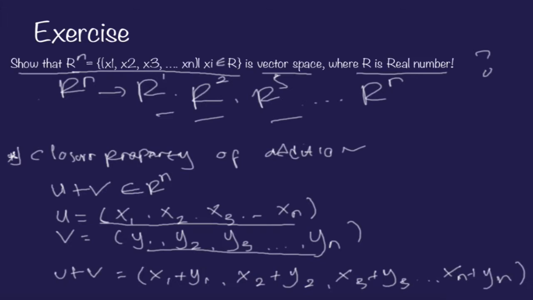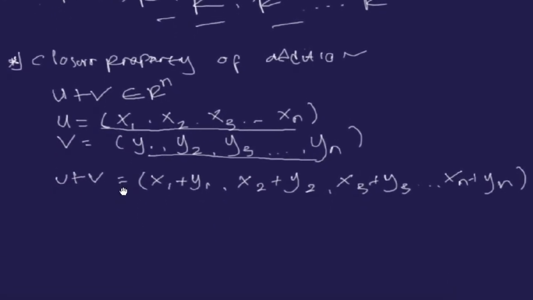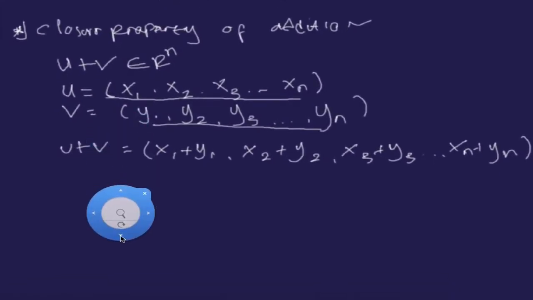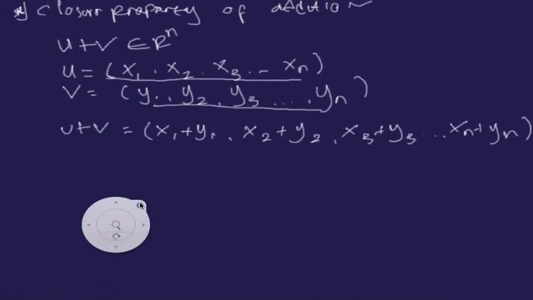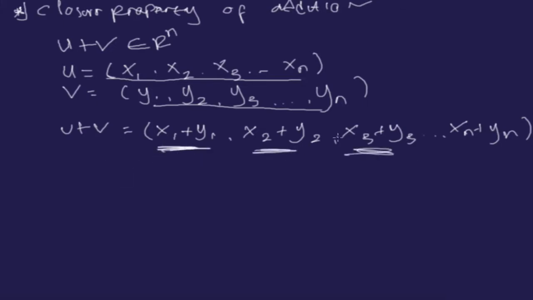You can see that this is a member of Rn, so it is closed under addition. Why? Because the answer is again of the same form as u plus v. So it holds the first property.